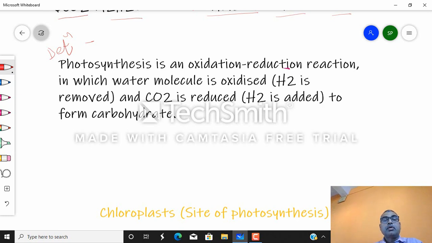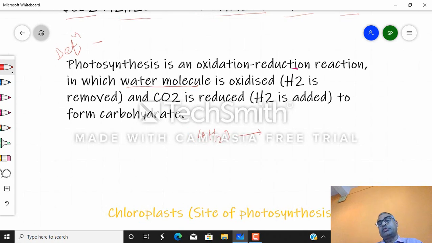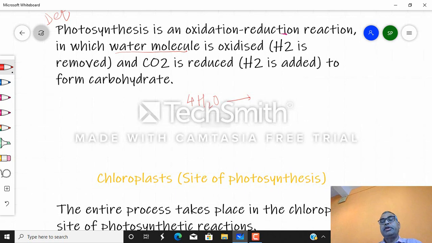What is given here? Water molecule is oxidized. As you know, in oxidation and reduction reactions, the water molecule here is oxidized. If you see the splitting of water molecule, if you consider 4 molecules of water, then the splitting of these 4 water molecules takes place into 4 protons and 4 hydroxyl ions.